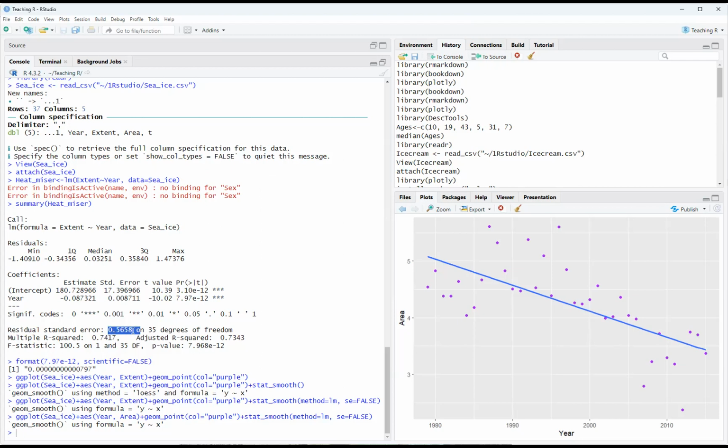And residual standard error, which is low, is showing us the values and how they deviate from this line, the extent. These are sum of squares. You can actually put lines here to show how much they're deviating, but 0.7417 is a very good correlation in the social sciences when you start looking at it.